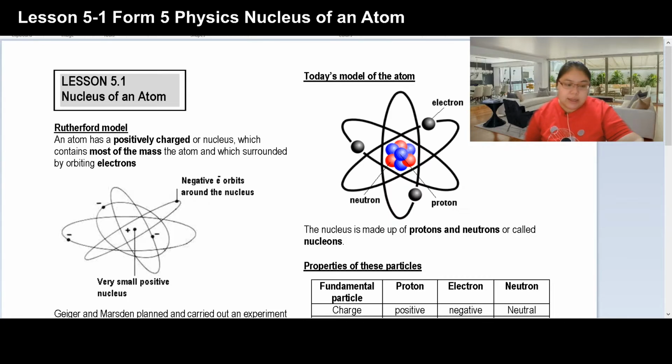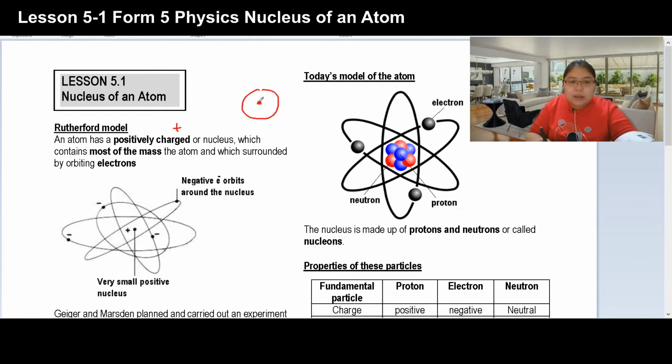There's 5.1, the nucleus of an atom. Let's see the notes here. First, we need to talk about the Rutherford model. I think you are more clear about this, since it's a little bit related to chemistry. In the Rutherford model, the atom has a positively charged nucleus, which contains most of the mass of the atom.